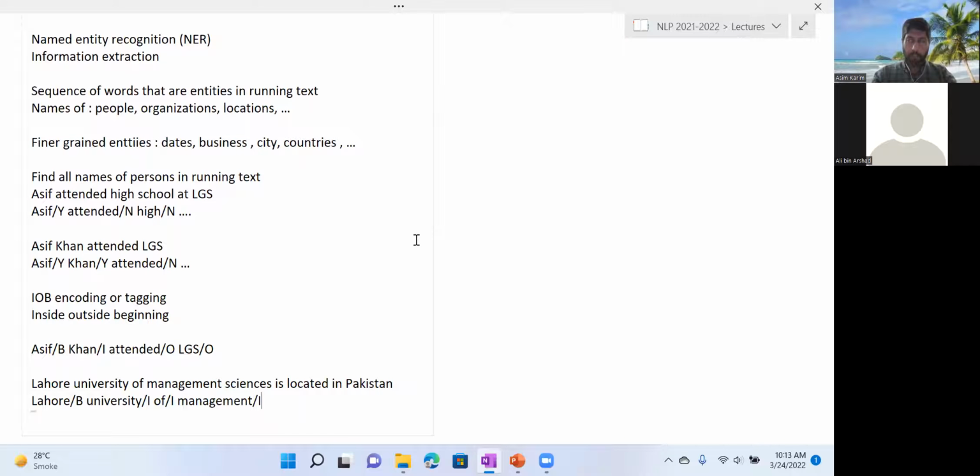Management, this is again I. Sciences, this is again I. Is, this is of course O. In, this is of course O. And Pakistan, this is of course O. So using this tagging, you can extract the complete entity from the running text.